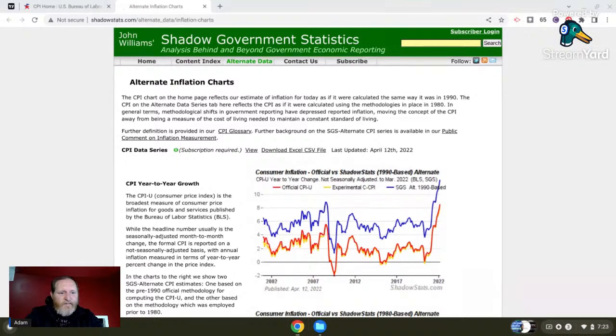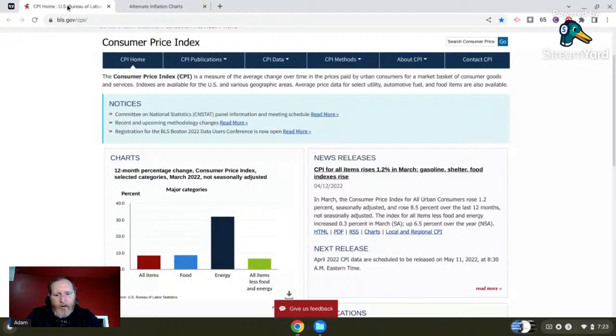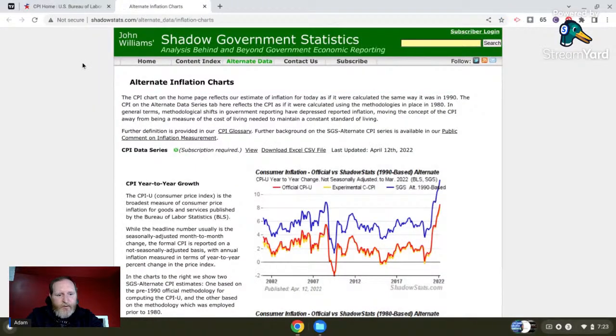So this is in direct competition with the CPI, right? So CPI in March was 8.5%. And then over here, this is alternative inflation charts.